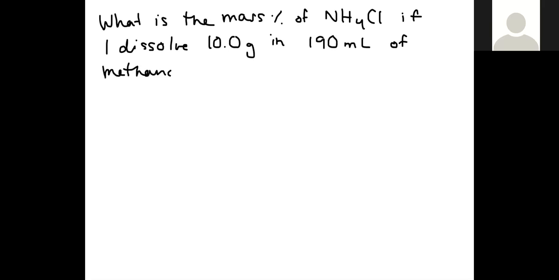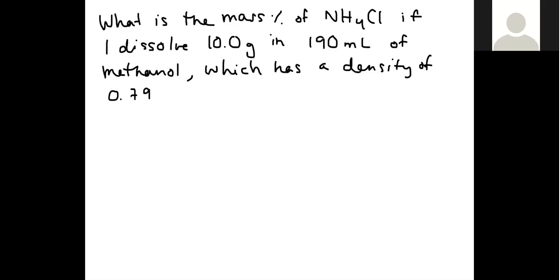Now, methanol has a density of 0.792 grams per mL. So in this case, it's not going to just be 190 grams. You have to do the conversion of 190 mL to grams of methanol and then do the mass percentage. So please do that. We're not going to spend too much time on this because we have a lot to cover, but I do want to make sure that you can do this calculation.